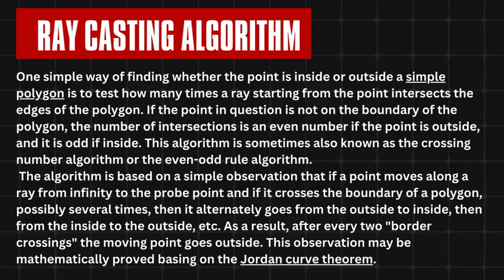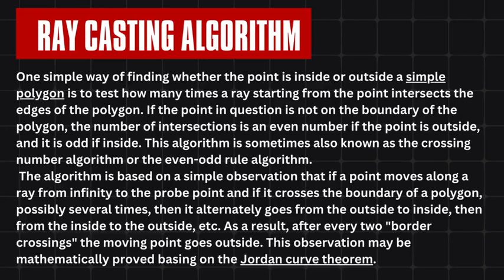It tests how many times a ray starting from the point intersects the edges of the polygon. If the point in question is not on the boundary of the polygon, the number of intersections is an even number if the point is outside, and it is odd if it's inside. This algorithm is sometimes also known as the crossing number algorithm or the even-odd algorithm.